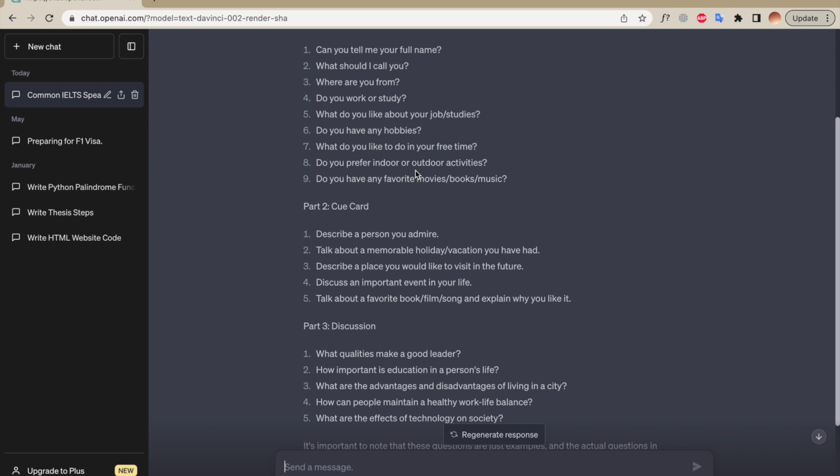And these are just examples, so these aren't necessarily the questions that might be asked of you. For example, they asked me the question, what are the benefits of using a television over radio and newspaper and stuff like that. So these are a few suggestions, and I think it's pretty cool if you use ChatGPT to prepare a little. So now you have a better understanding of what they might ask you.